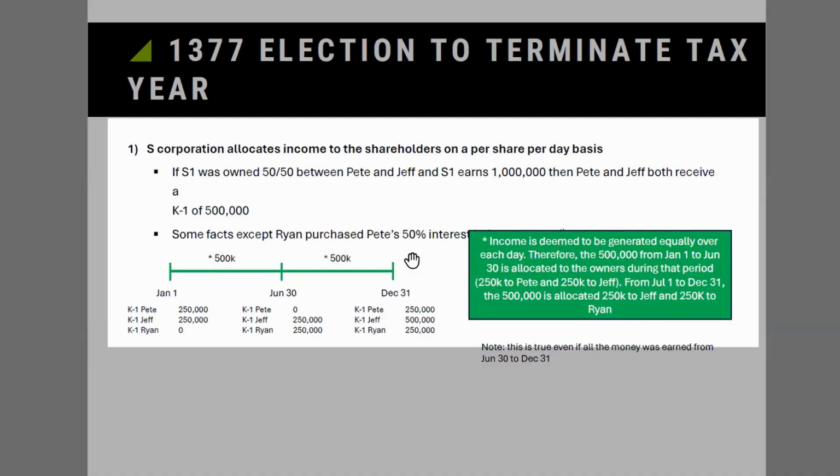Number 1, an S Corporation allocates income to the shareholders on a per share per day basis. If S1 was owned 50-50 between Pete and Jeff and S1 earns 1 million, then Pete and Jeff both receive a K1 of 500,000. The other one's kind of cut off, but it says some facts, except Ryan purchased Pete's 50% interest.